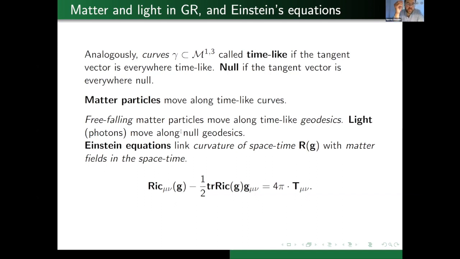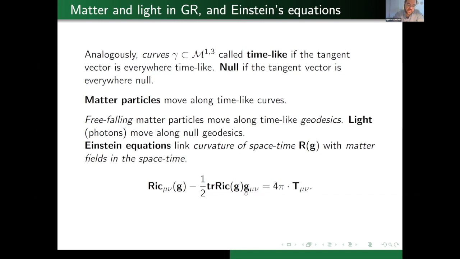Now the general theory of relativity relates the metric, the Lorentzian metric of spacetime, with the matter fields that are present in spacetime. The Einstein equations are these. Let's just take a moment to look at them.